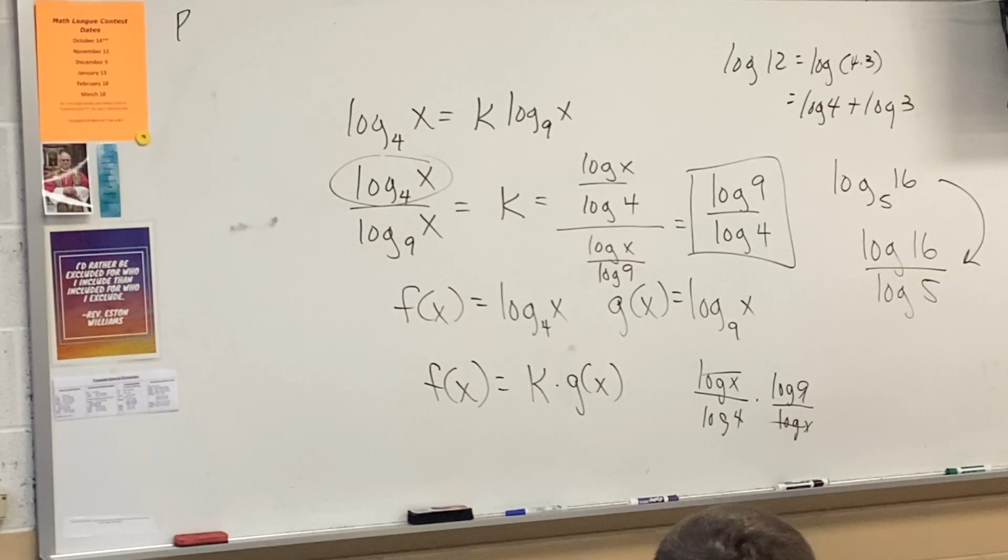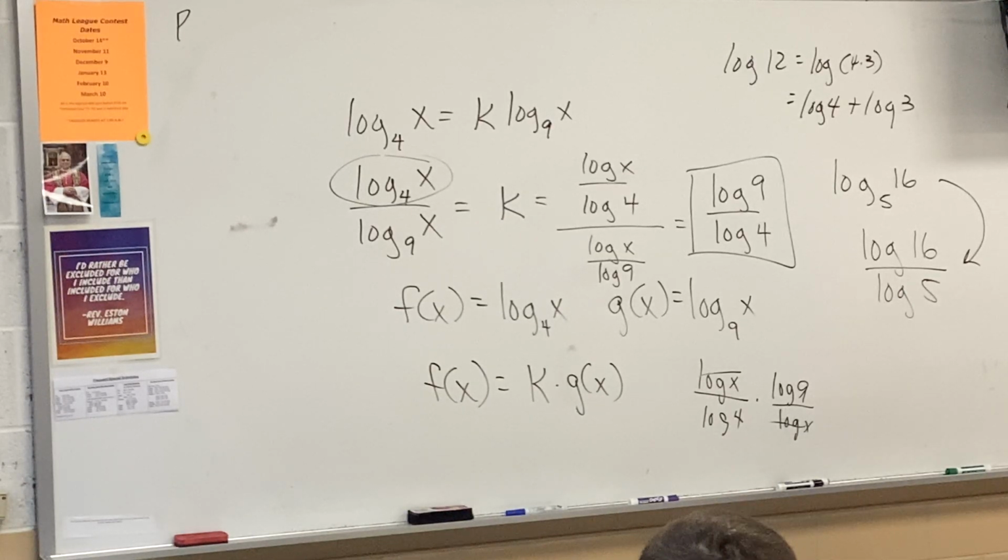Number 7. A student noticed that log 1/2 gave the same result as negative log 2. Why is this? Leah? Because the negative 1 up front becomes the power of 2. What is 1/2? 2 to the negative first? Everybody okay with that? All right, that's enough of that page.